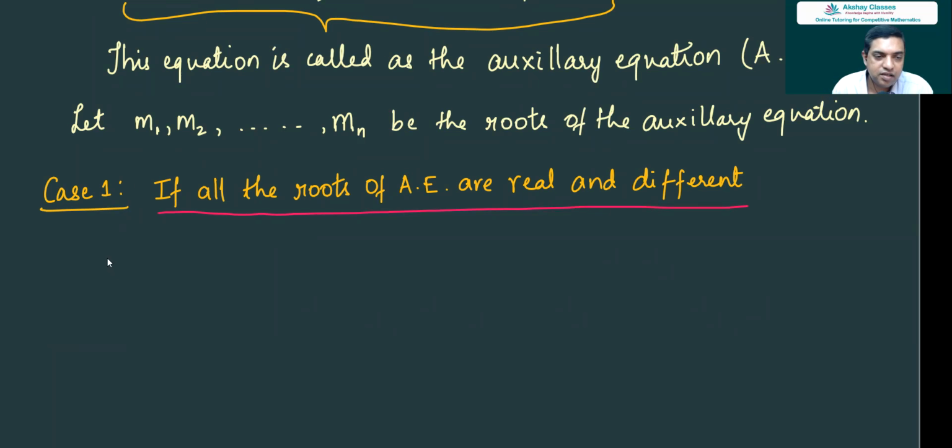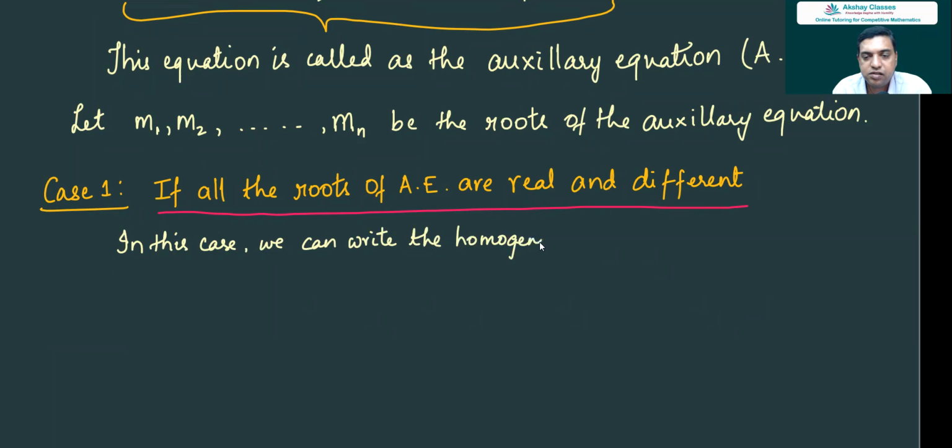In this case, we can write the homogeneous linear differential equation as (D - m1)(D - m2)...(D - mn) y = 0, because of the roots of the polynomial.